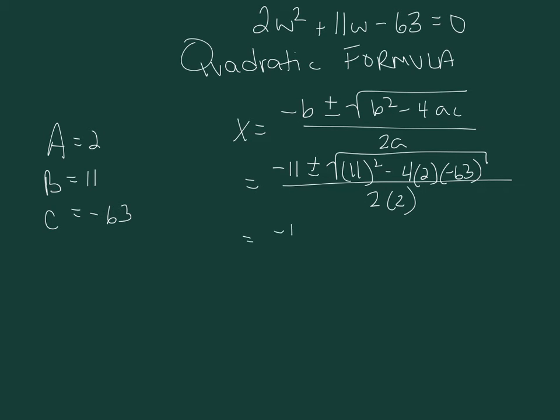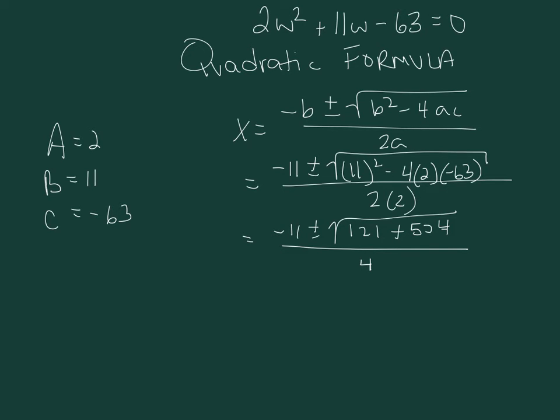So we're going to get negative 11 plus or minus the square root of 121, and calculator time, negative 4 times 2 times negative 63 is the way we want to say that. So this is going to be plus 504, all over 4. Okay, so this number's just getting bigger and bigger.